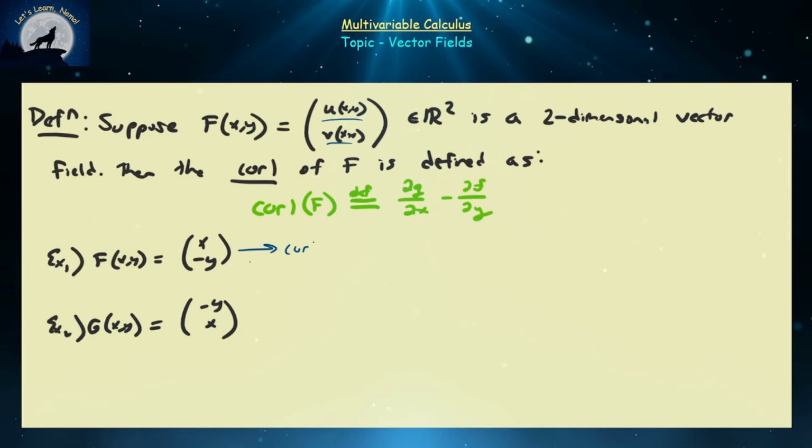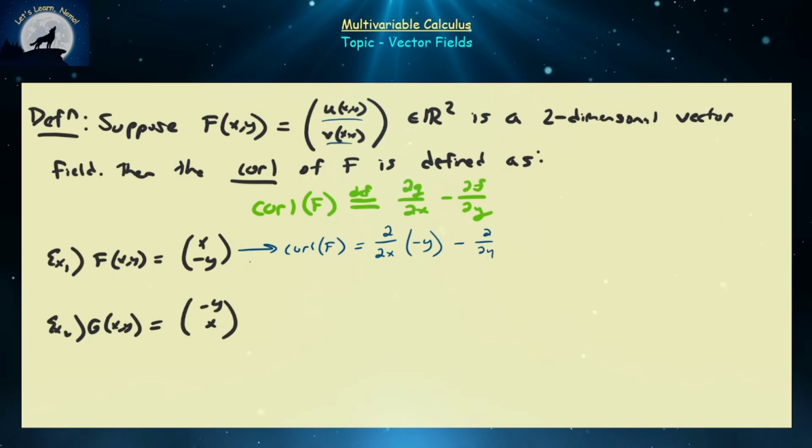So the curl of F, in this particular case, is going to be equal to the partial derivative of g with respect to x, so that's going to be equal to minus y, minus the partial derivative of f, which is x, with respect to y. Now notice that minus y doesn't have x in it, and x doesn't have y in it. So that's going to be equal to 0 minus 0, which is equal to 0.